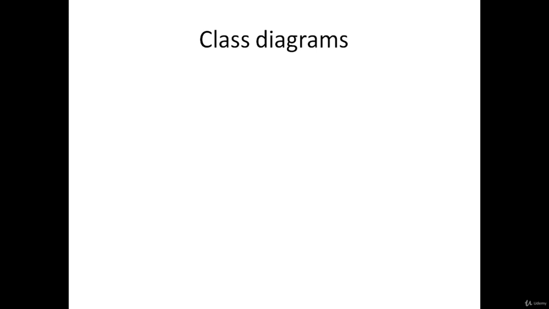They are also highly detailed. For some purposes, they are too detailed. A class diagram is a more abstract representation of the structure of a program. Instead of showing individual objects, it shows classes and the relationships between them.